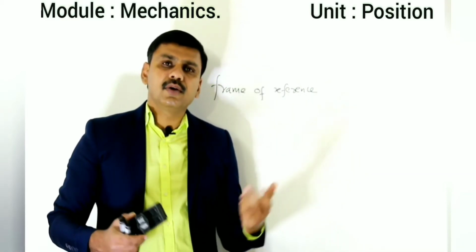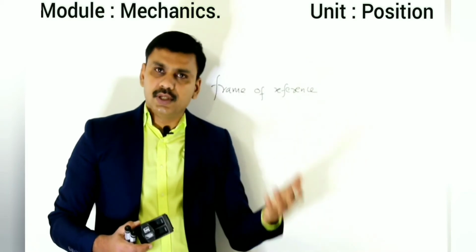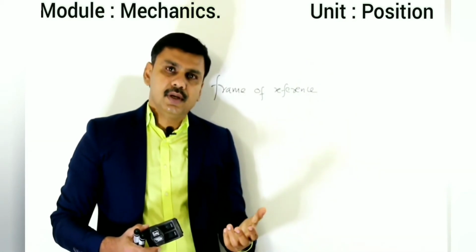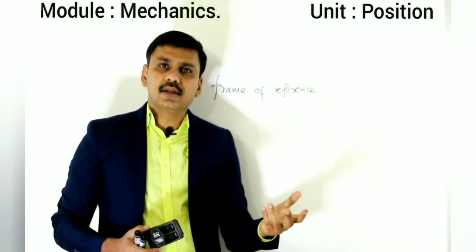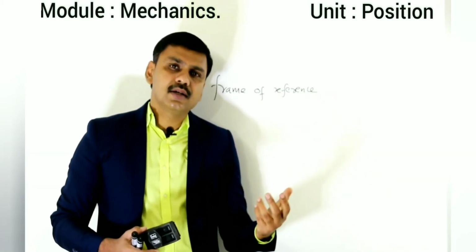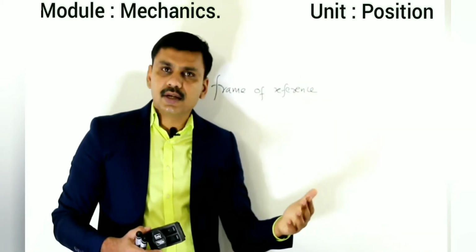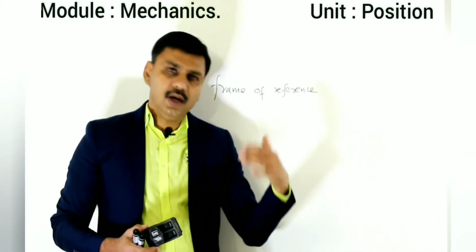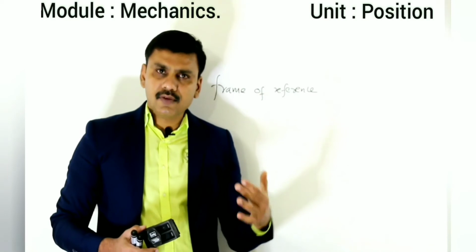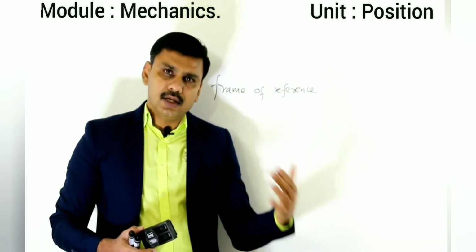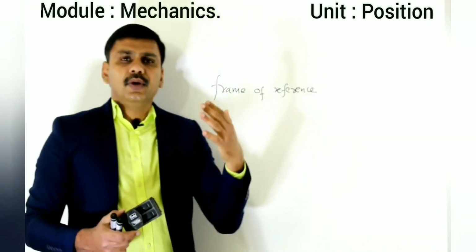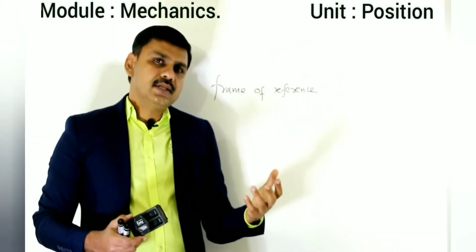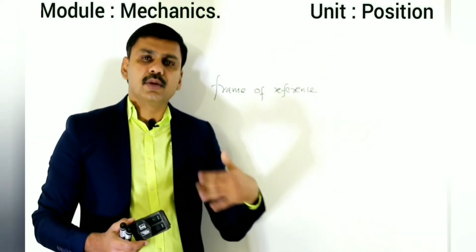For example, the buildings, the trees, they are in motion if you consider a reference point outside the earth. But if you consider a reference point on the earth, the trees, the buildings, they are at rest. So we can't say the object is always at rest or in motion.